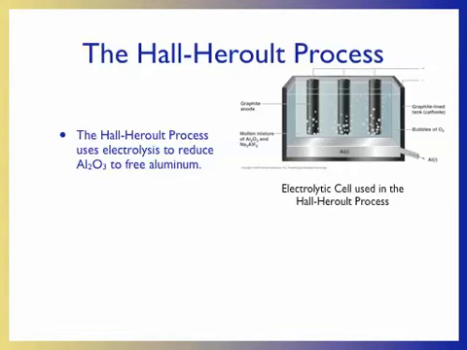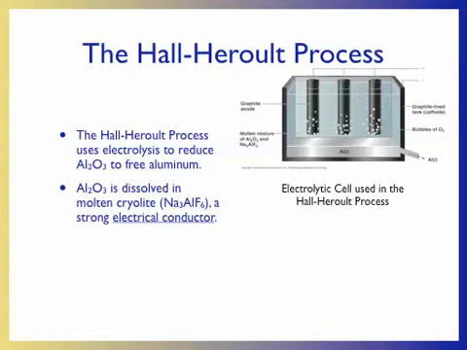In this process, an electrochemical cell is set up using graphite electrodes. The aluminum oxide is dissolved in a molten solution of cryolite, which is sodium hexafluoroaluminate. This cryolite is a very strong electrical conductor and helps in the electrolysis process.